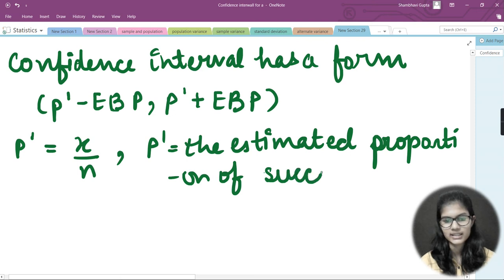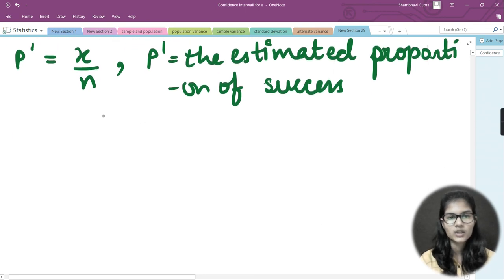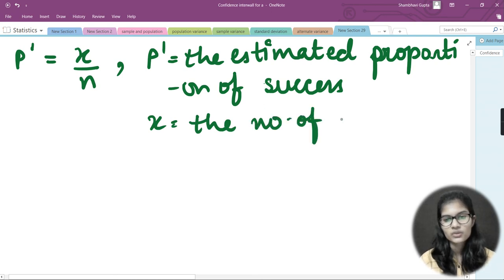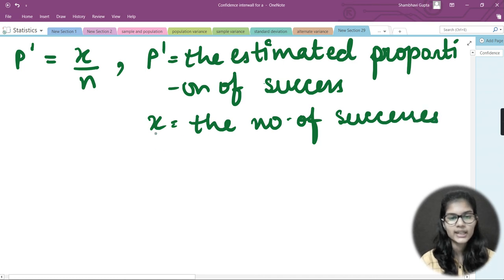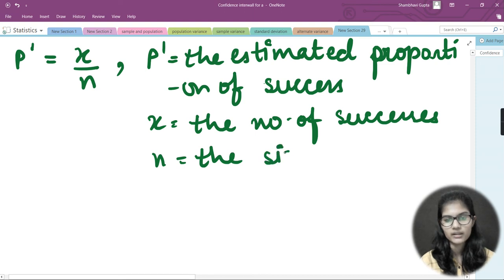X is the number of successes, which I have defined in new terms. And n is the size of my sample, as we had said previously.